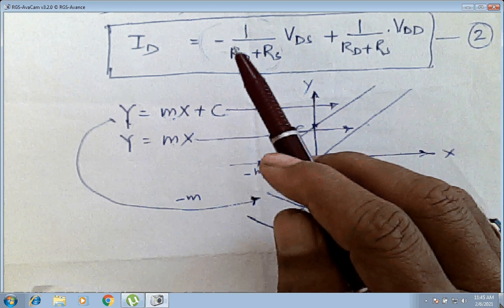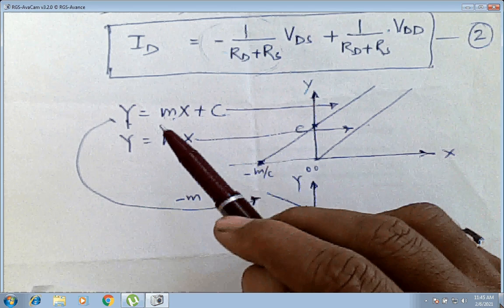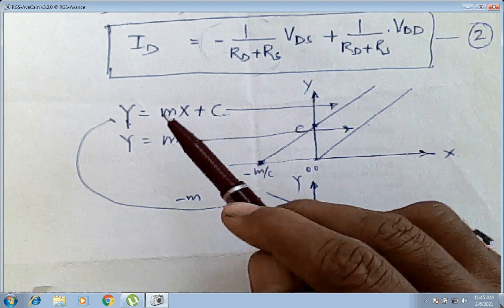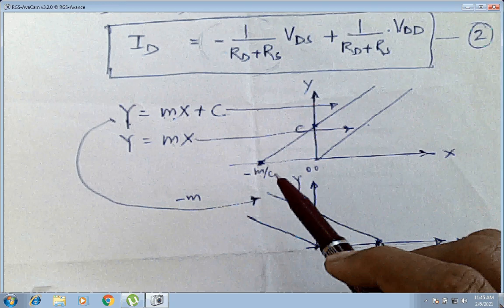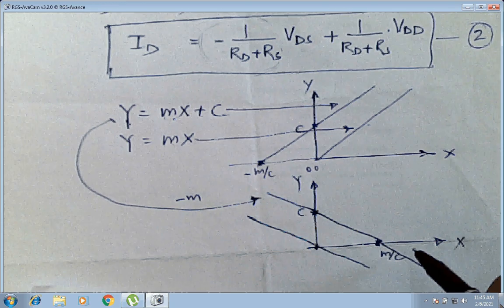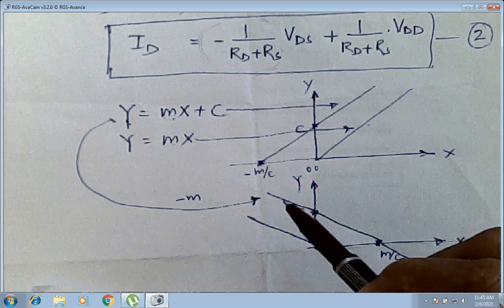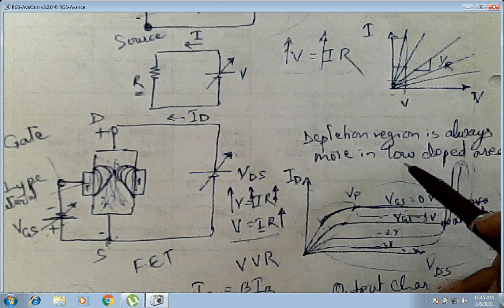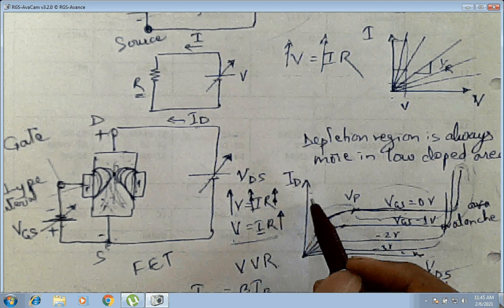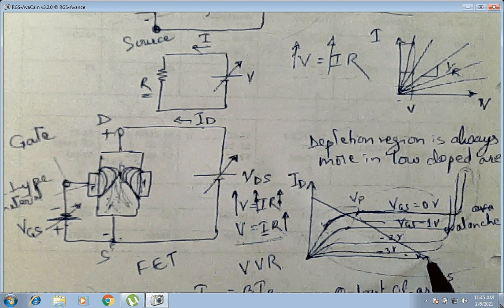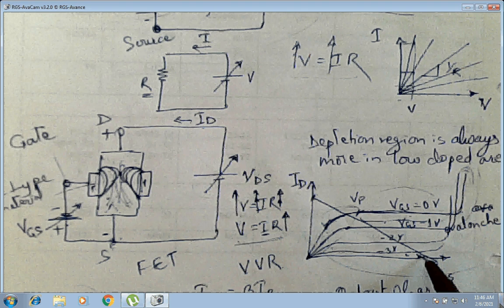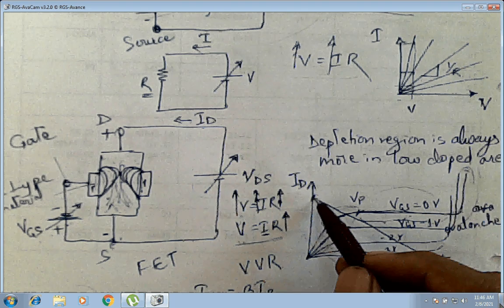So this equation is similar to y is equal to mx plus c, and m being negative, this will be the line equation. Plotting the similar line on this graph, I'll have somewhat this type of line, where this point will be equal to c.